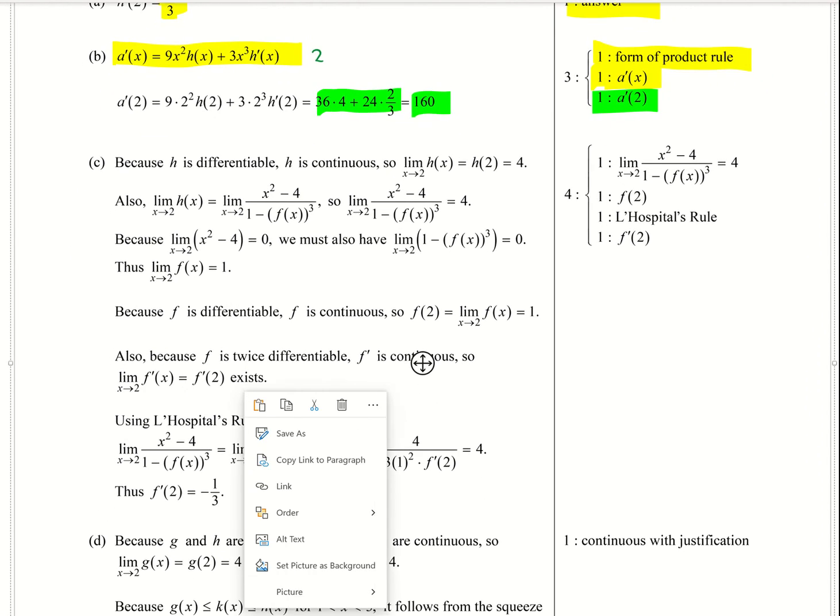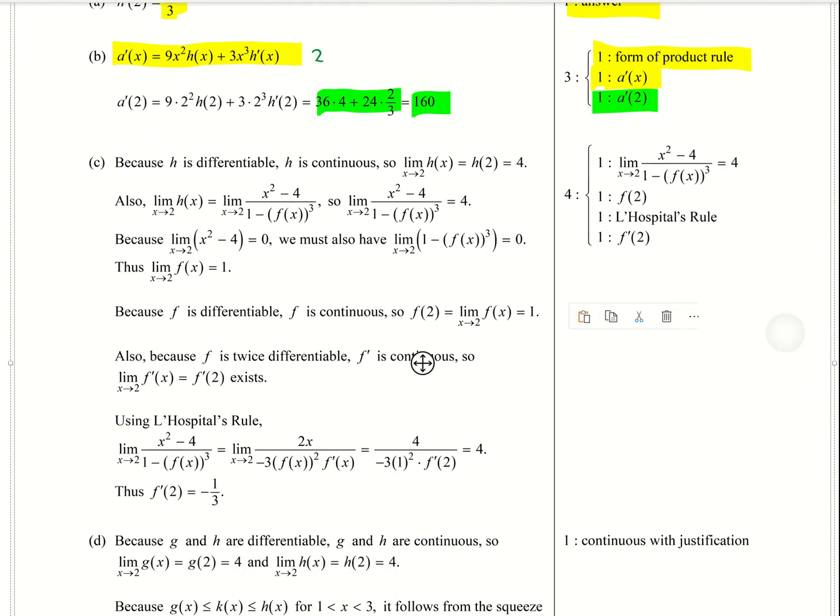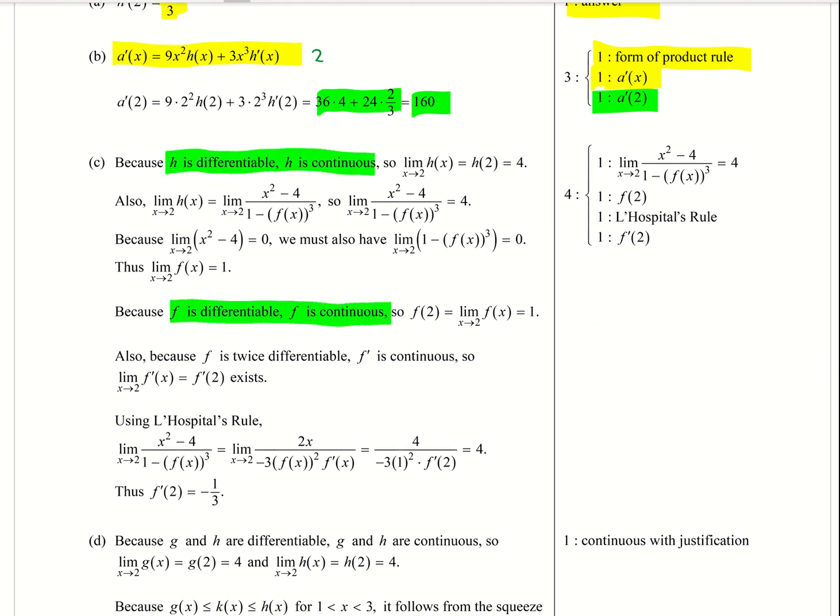All right, part C. Notice that they did state that the f is differentiable and thus continuous, and later on they'll say that for f. Okay, so we do need to make sure and mention that. Let's see, we've got that for part 1, they want us to recognize somewhere that limit equals 4.